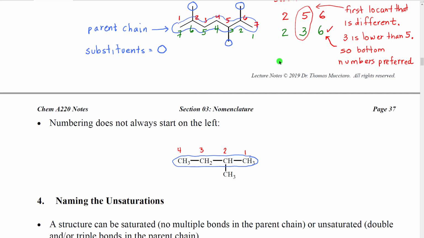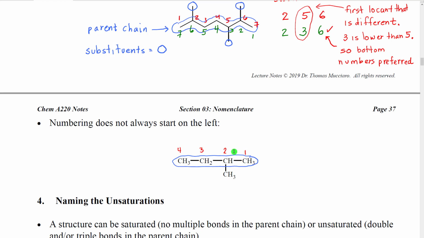There are a couple other considerations for numbering. For example, be careful, numbering does not always necessarily start on the left. So here's an example. You can see this molecule. Here would be, these 4 carbons would be our parent chain, and our substituent is right here.